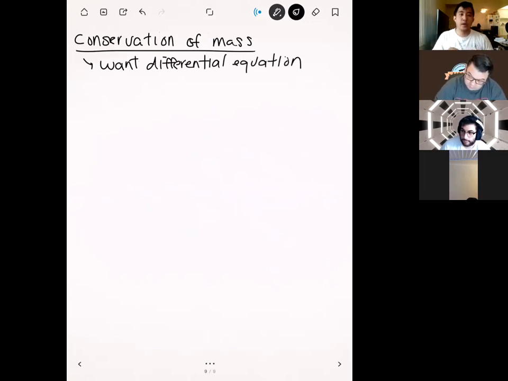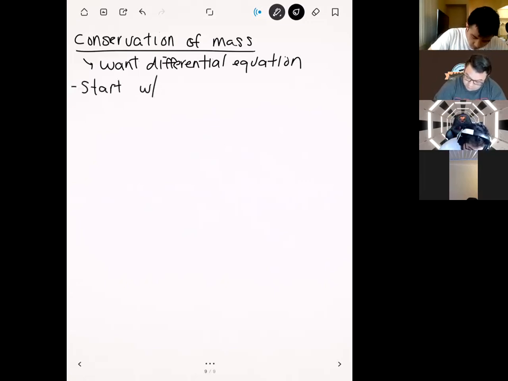And so to get that, let's start with our integral form for conservation of mass. So we're going to start with RTT. Just to refresh your memory, here's our RTT expression for conservation of mass.